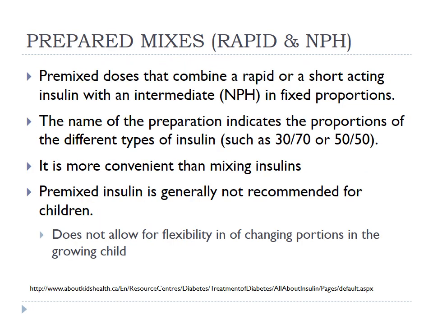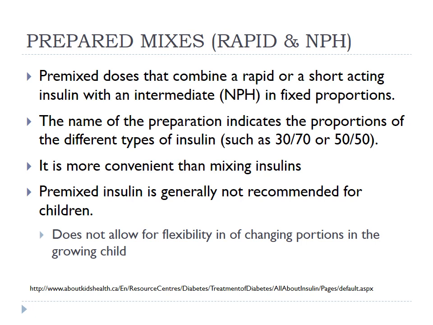These are called prepared mixes of rapid and NPH, pre-mixed doses that combine rapid and intermediate acting insulin, and the name of the preparation basically indicates the proportion of each type, such as 30-70 or 50-50. This is more convenient and reduces error, the error of me mixing up, did I actually mix up how much I was supposed to?